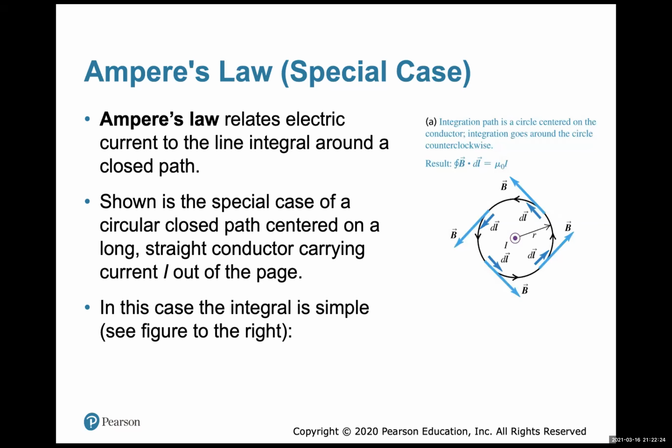They're parallel. The dot product is just going to be the product of their magnitudes. So we're integrating mu 0 I over 2 pi r dl around a circle. Everything's constant except dl. We integrate dl, and that's the circumference. So it's mu 0 I over 2 pi r times the circumference, 2 pi r. We're just going to get mu 0 I, like the slide shows.